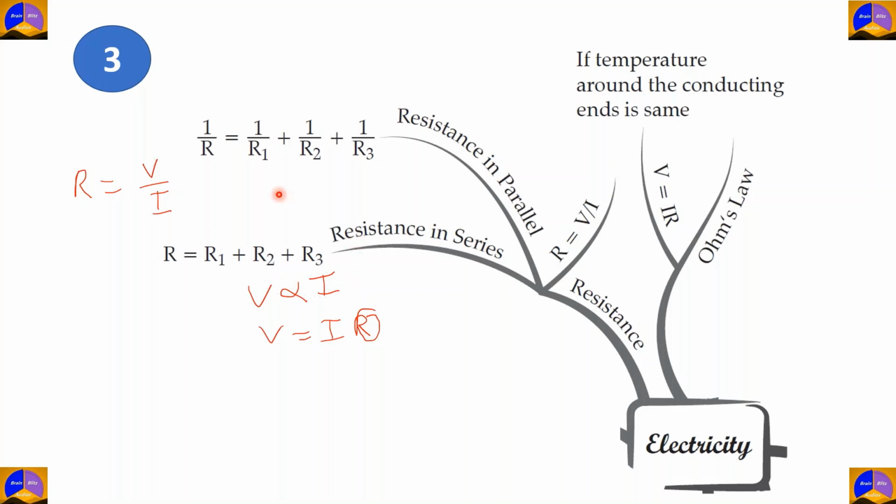Suppose a system has resistors in a parallel circuit. It is referred to as a resistance in parallel. In a resistance in parallel, the reciprocal of the total resistance of the system is equal to the sum of the reciprocals of all the individual resistors.